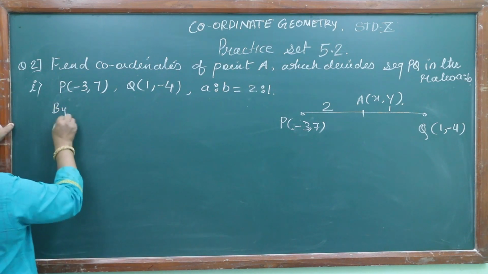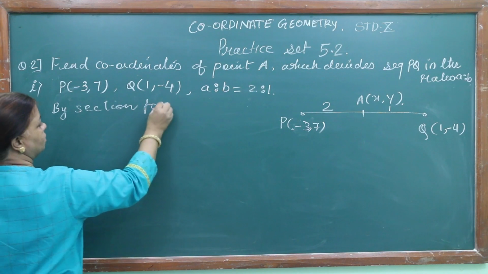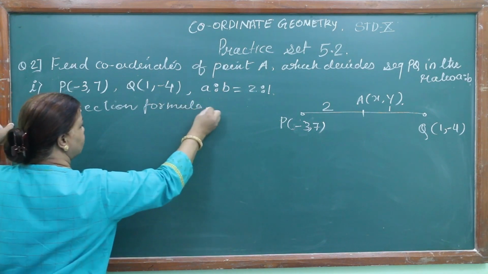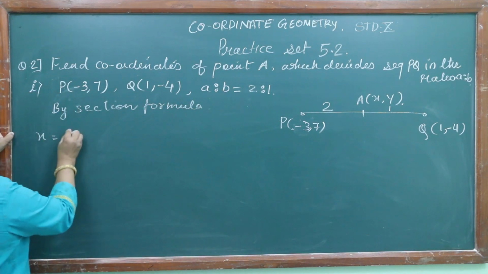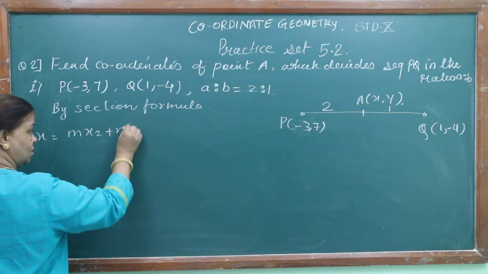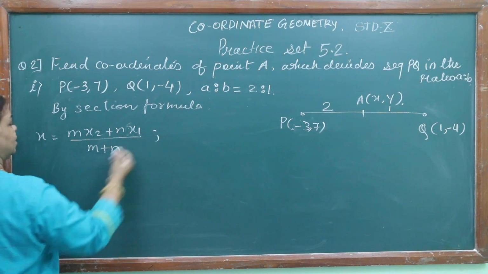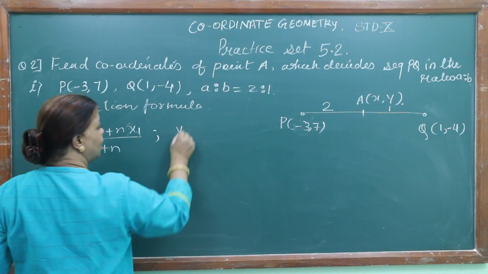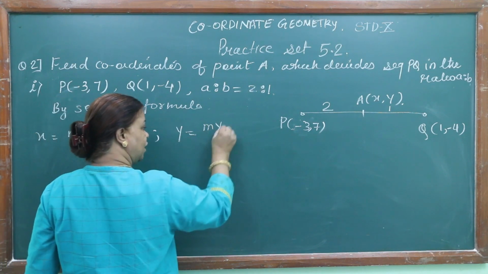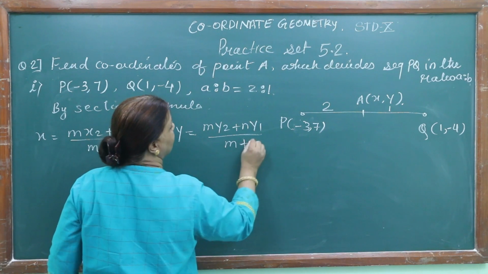So by section formula, children, you must write this. X is equal to mx2 plus nx1 upon m plus n for x coordinate, and for y coordinate, y is equal to my2 plus ny1 upon m plus n.